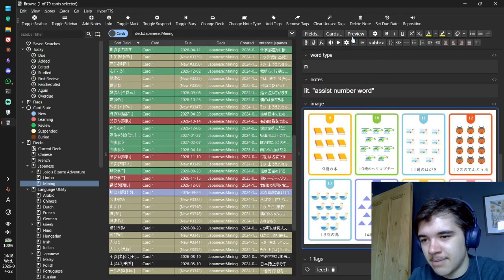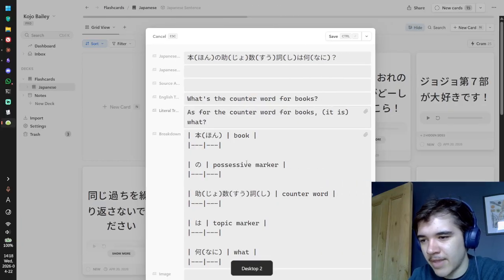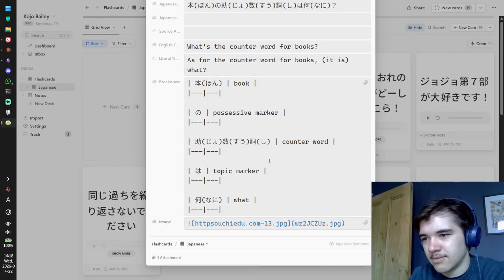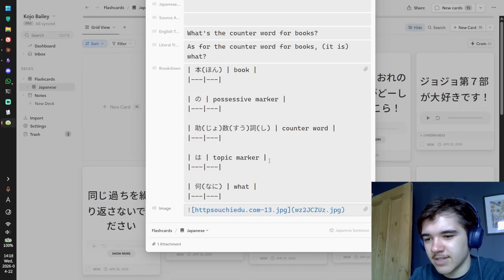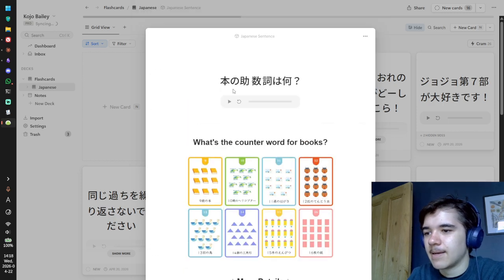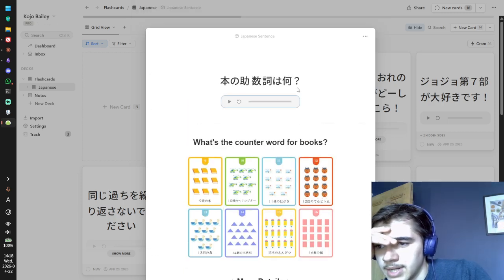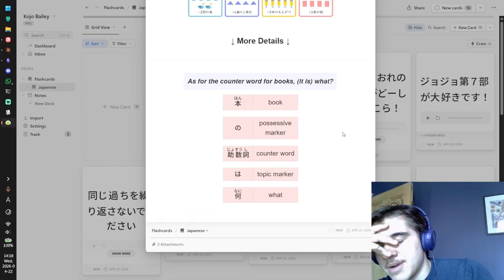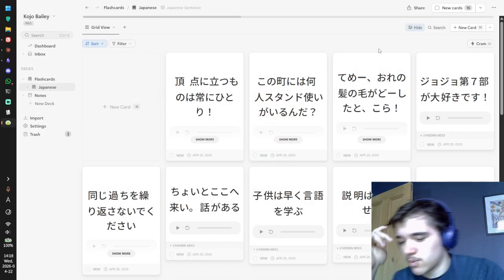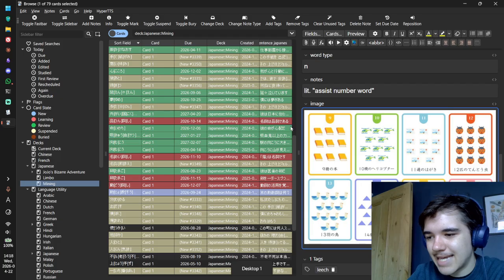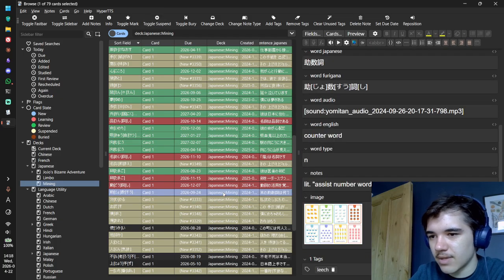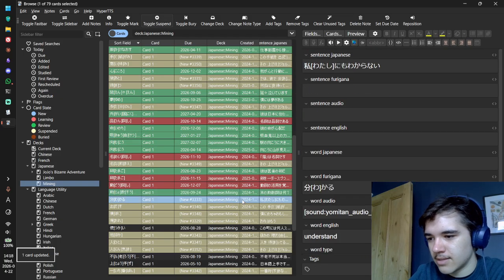Yeah, counter words are quite hard to learn. I mean, you learn them as they come, and then you remember them. Drilling them is just not really that effective because it's a pain in the ass. 本の助数詞は何? But compared to other languages, Japanese I think is quite difficult in the counter word department, unfortunately.